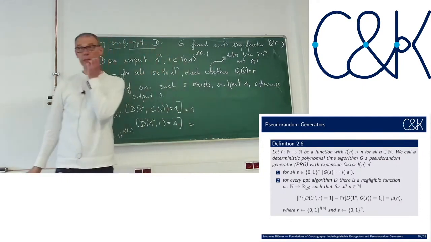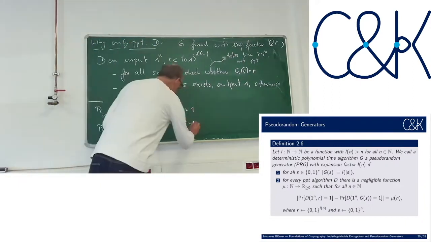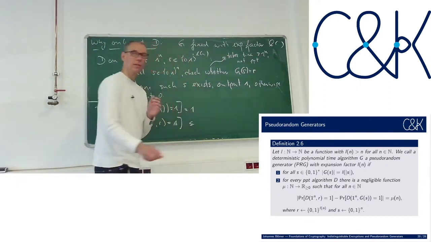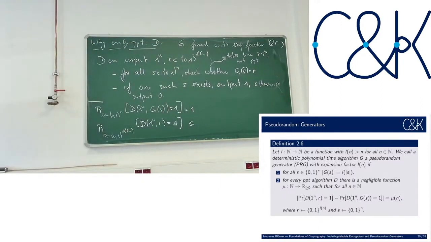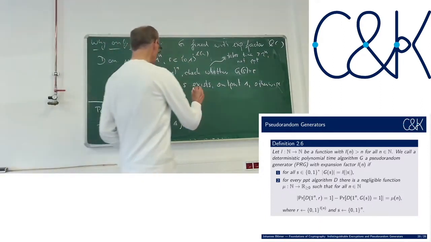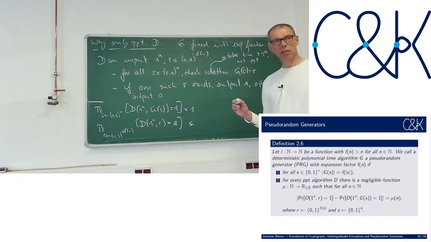What's this probability? I'll give you a hint. It's an upper bound. It's the magnitude of the set that can be produced from G, divided by 2 to the power of L of n.